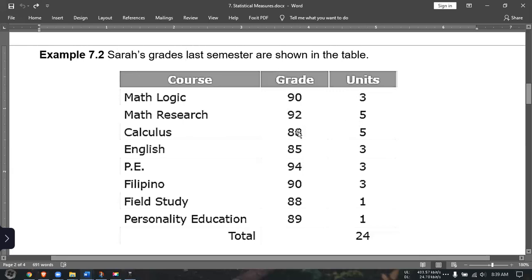Dapat mas mabigat yung mga galing dito. And likewise, FS and personality education should weigh less than the others since they have fewer units. So to consider the units, you have to apply the weighted mean.